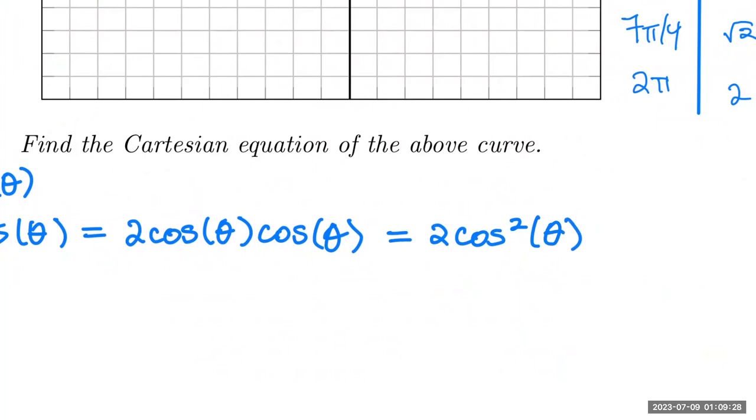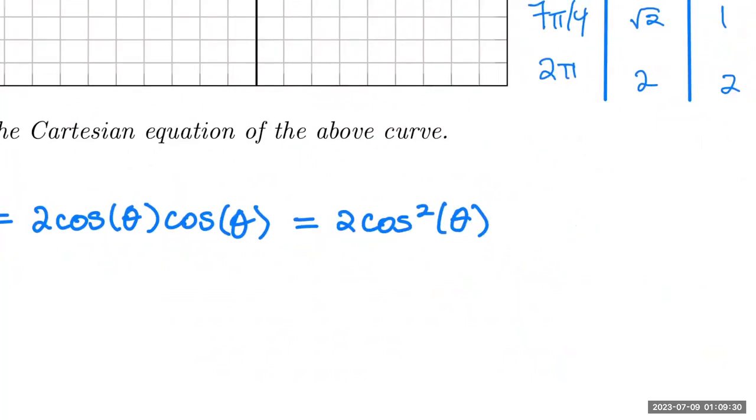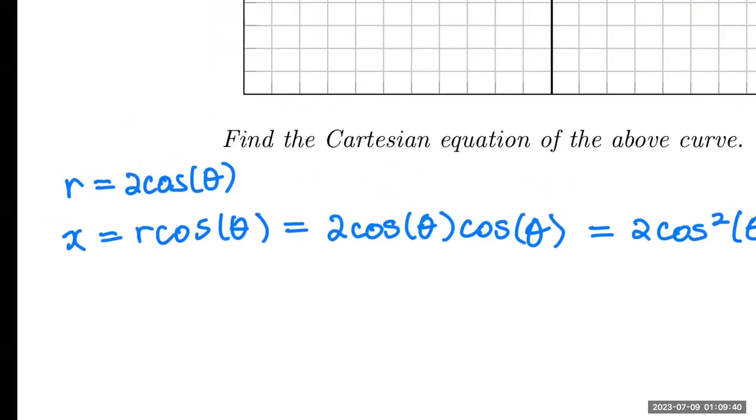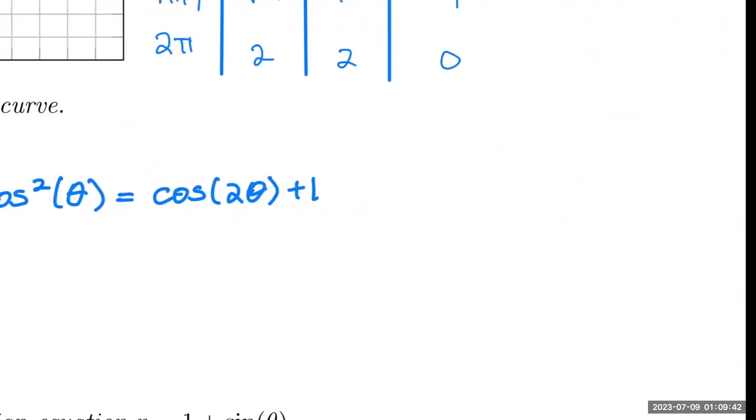Now, remembering that 2 cos squared theta is actually the same as cos 2 theta plus 1. Once we move the 1 to the other side of x, what we get on this side is x minus 1 is equal to cos 2 theta.